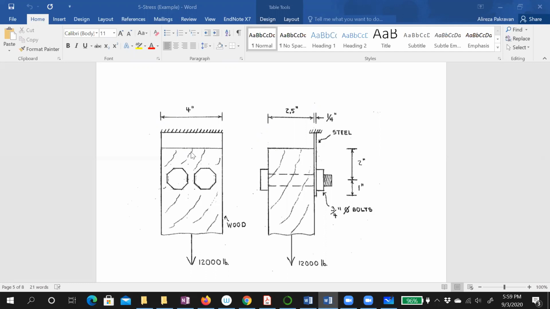This is 2 inch. But for the steel, the reaction of the 12,000 because of the equilibrium goes upward here, and then from the center of the bolt to the end is 1 inch. This dimension is from the center of the bolt to the edge of the plate, right?